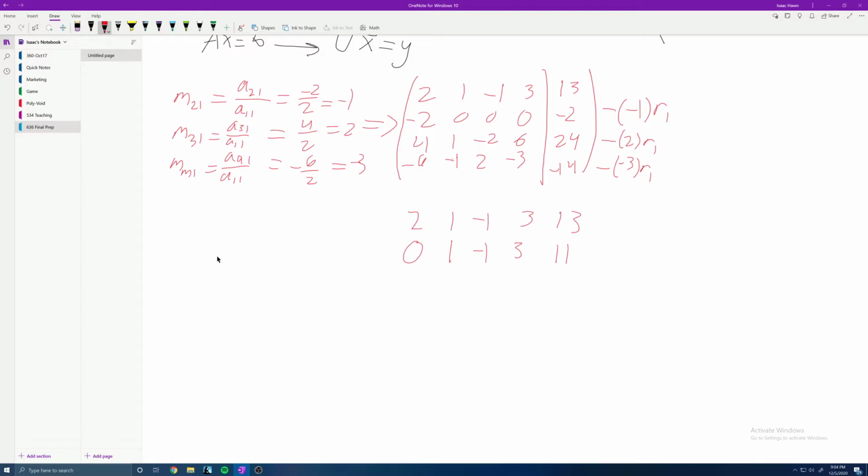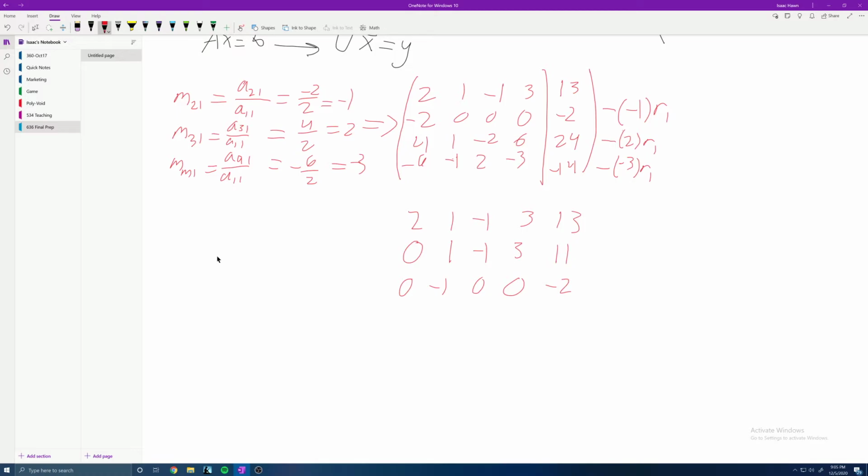I'm not going to say that mouthful for each of these, so I'm just going to go through here. I'm just subtracting 2 times the corresponding entry in row 1 from row 3, just like I just did for row 2. So that gives you 0, -1, 0, 0, and -2 right here.